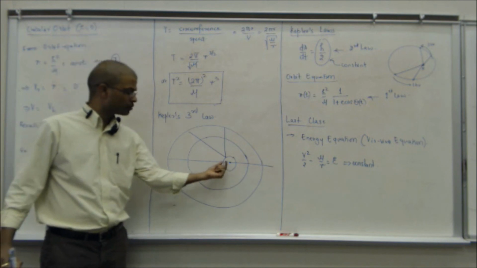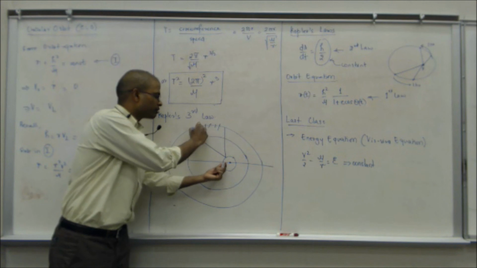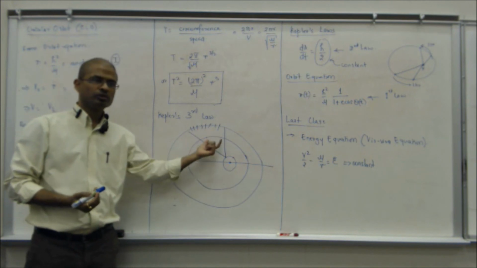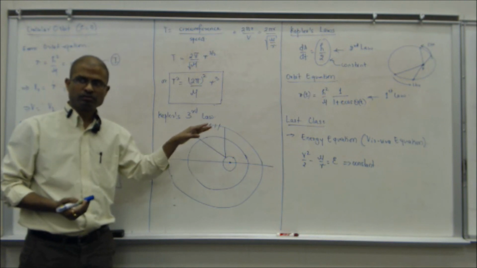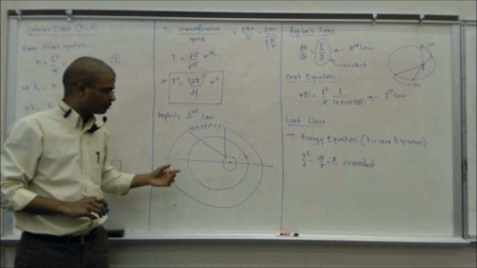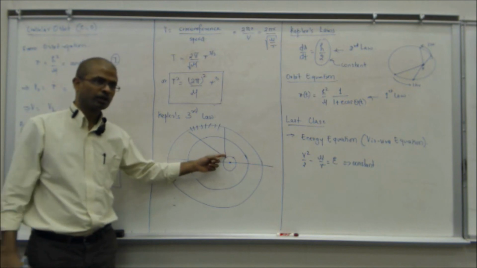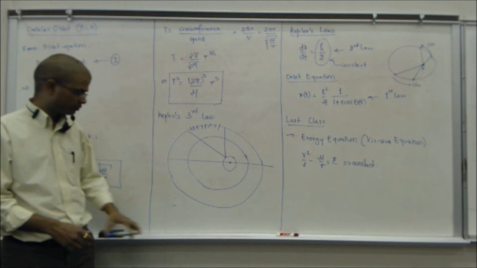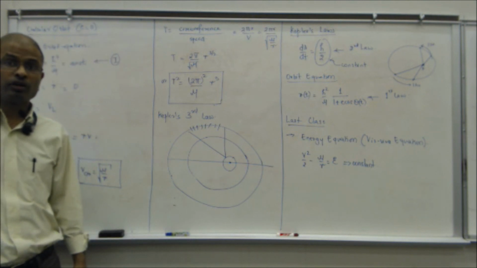If you're targeting this place, once you occupy all this, there is nothing you can do to put more satellites in that region. It's done. You cannot go to this point and say we'll somehow figure out a way to reach this. Okay? So that is the reason your geosynchronous orbit is getting crowded.